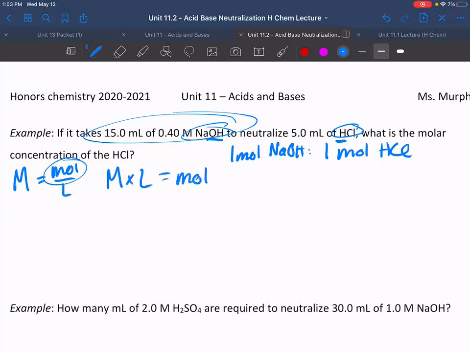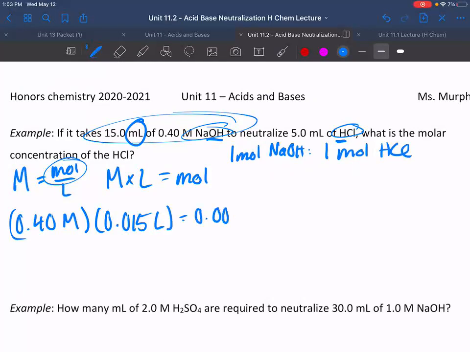So that's what we're going to do for sodium hydroxide. If we have a 0.40 molar solution and 0.015 liters, making sure that I'm converting mL to liters, that gives us 0.006 moles of NaOH.